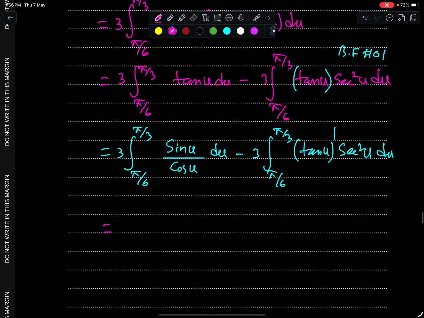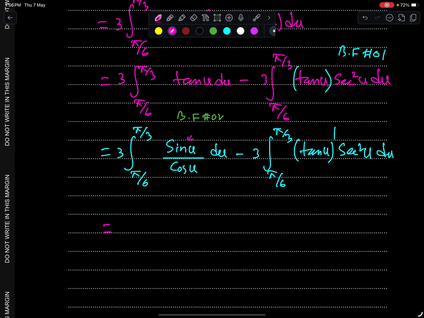Now, see, this is basic formula 2. What a question. This structure and this structure is basic formula 1. See, the differential of cos is negative sine. So sine is there, minus 1 is missing.